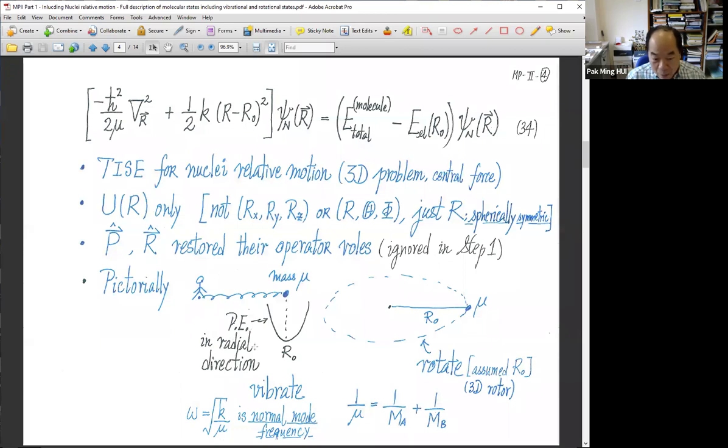It is a harmonic oscillator problem in the radial direction in R, okay? And then the theta phi problem as rotation. So this is a three-dimensional rotor problem. By that I mean the distance is fixed, but this nucleus can live anywhere on the surface of a sphere, okay? I think you should have done that, but the answer is very simple. The solution is Y_LM theta phi.